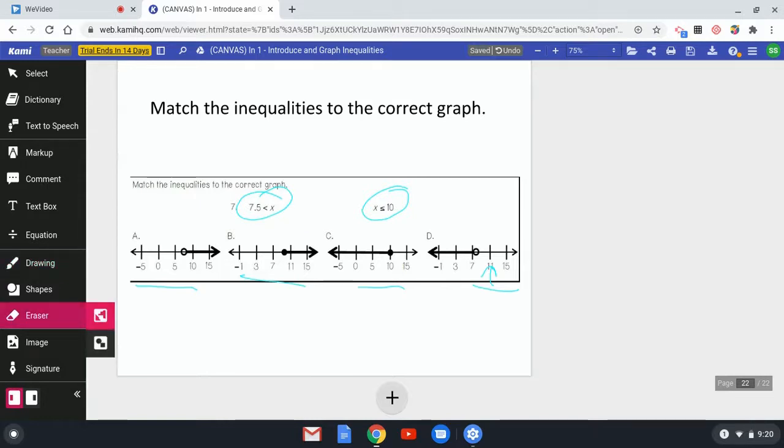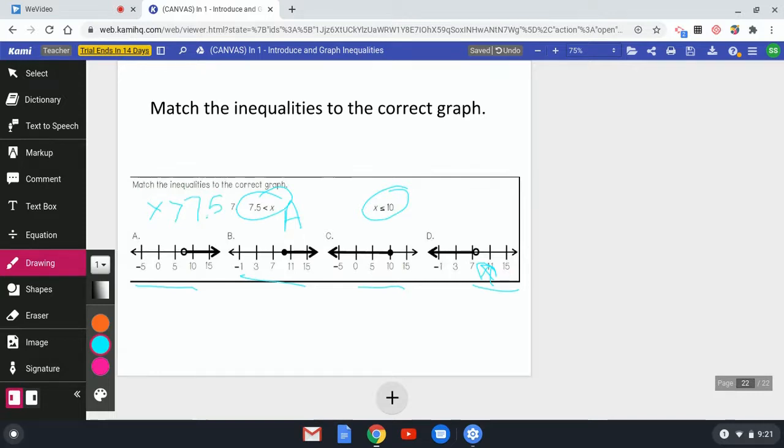Do we want a closed circle? No, we want an open circle with the arrow going to the right. I know we wanted to choose D because of the open circle, and it looks like it's right on 7.5. But the correct answer is A. X is greater than 7.5. Open circle on 7.5, arrow to the right.